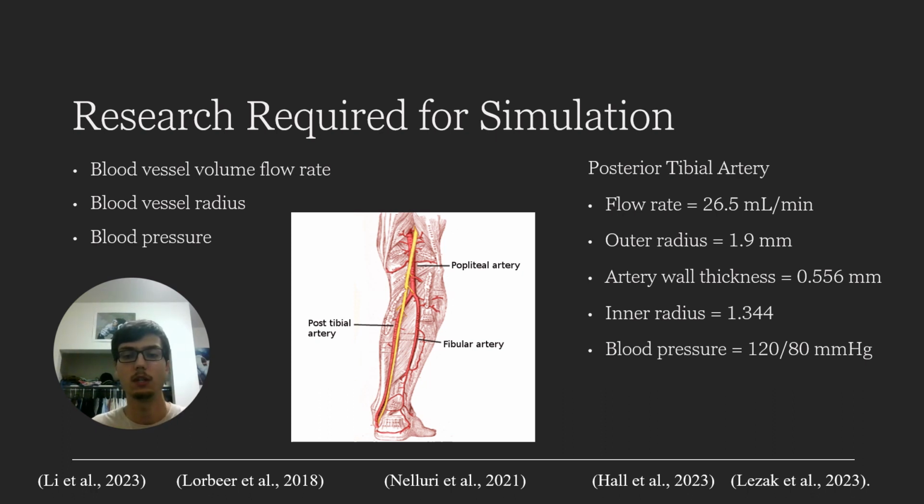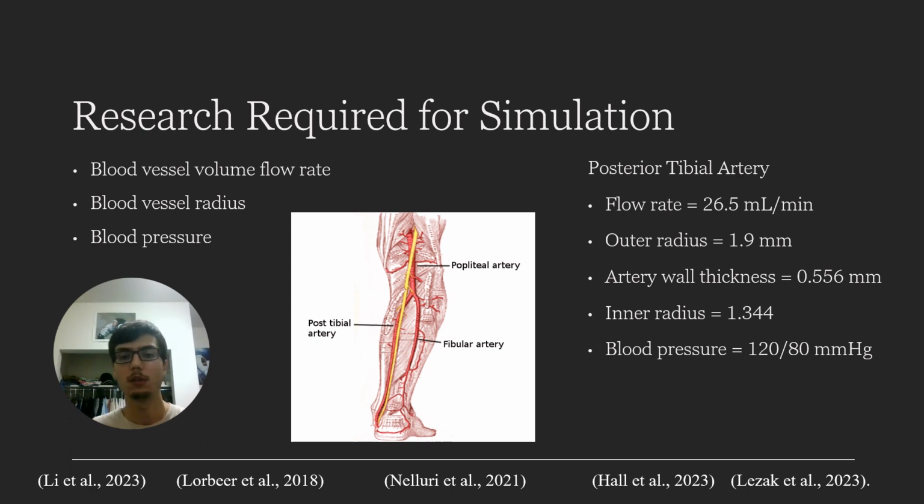The blood pressure, for a normal blood pressure, is 120 over 80 millimeters of mercury. The 120 is the systolic blood pressure, or when the heart is actually pumping the blood through the body, and the 80 is diastolic, when the blood is just sitting as the heart refills with blood.